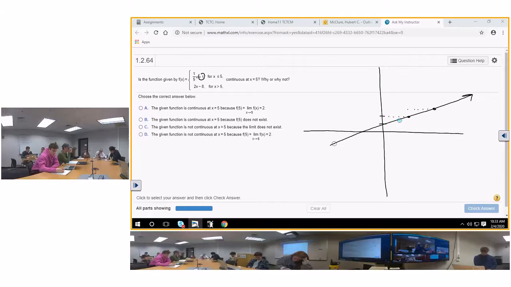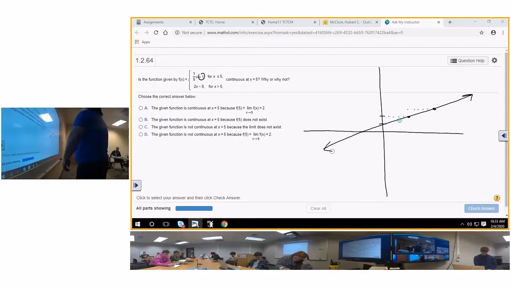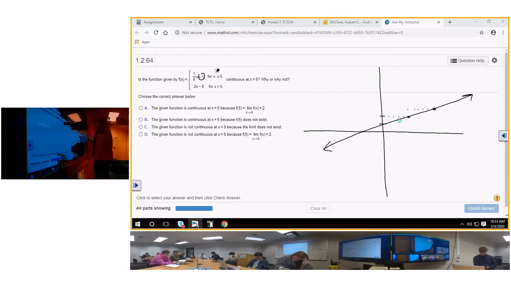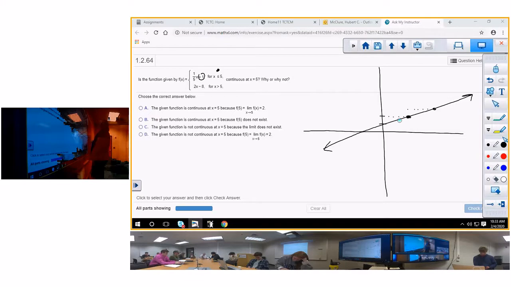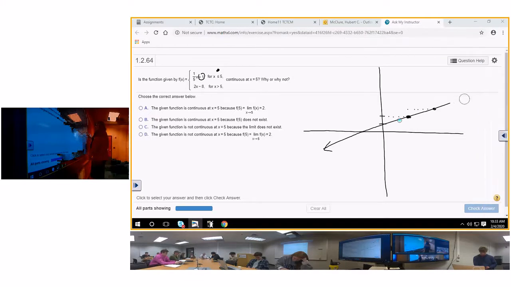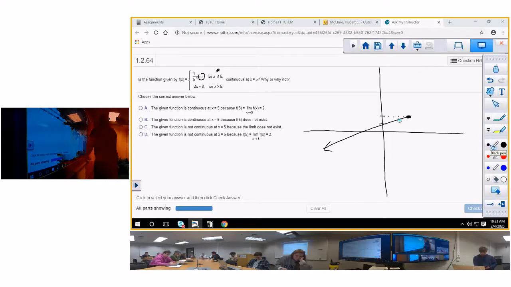Now, what numbers can we use for x on this line? Less than or equal to 5, that means a closed circle at 5. So that means I have to erase everything on the right side. Everybody with me? Yes. Okay, now let's draw the other one.